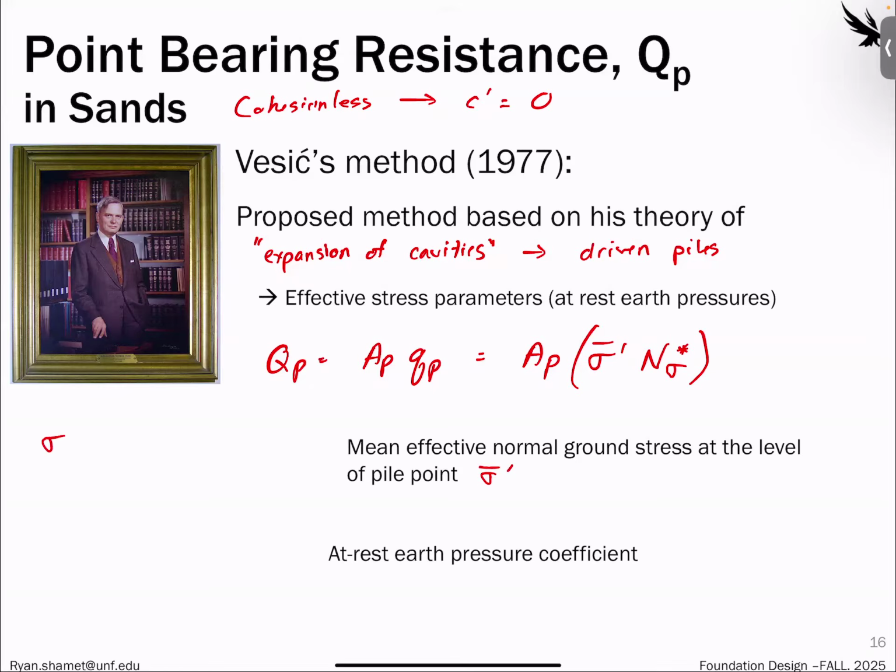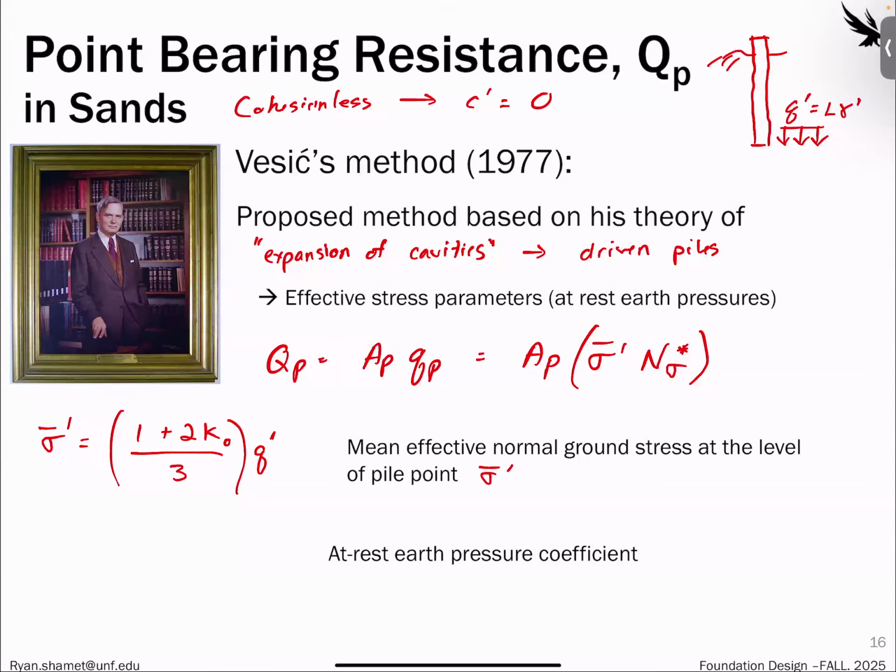And the way we calculate this is this weird weighted average looking thing where we have 1 plus 2 times the at-rest earth pressure coefficient divided by 3, and then times Q prime, which is, again, same as before, the effective stress at the pile tip.